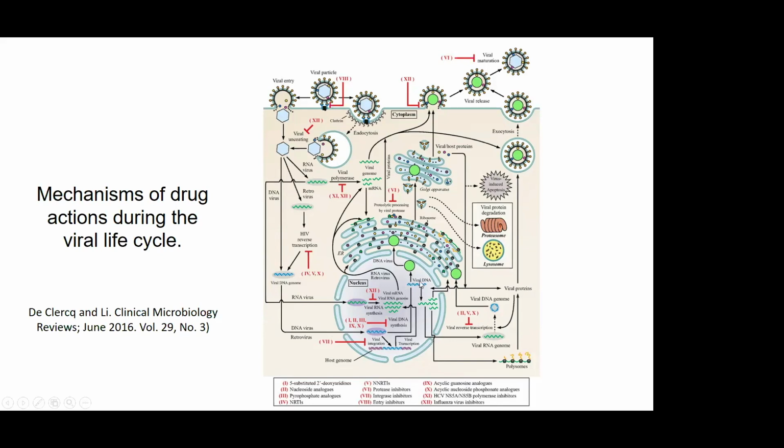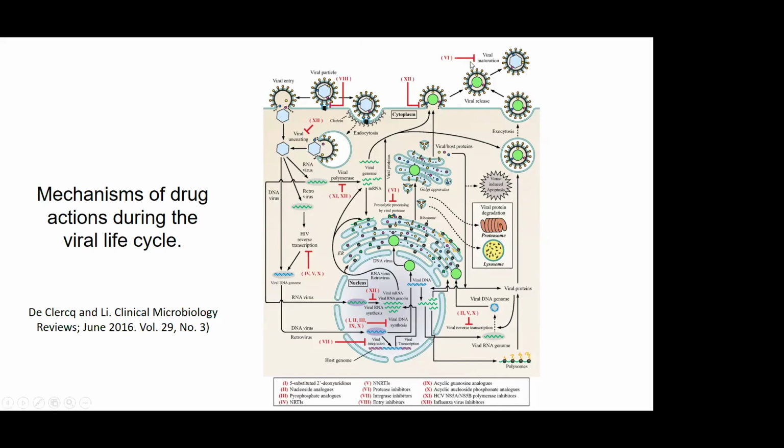Once the viral DNA is made, it gets transferred outside, and it can be packaged with the other translated proteins to make a new variant that will leave the cell. Okay, so that will happen. It is just a matter of where it happens, how it happens, and what kind of enzymes are involved. This is the general thing. Of course, each virus will be a little bit different from the other, but this is the general schematic.